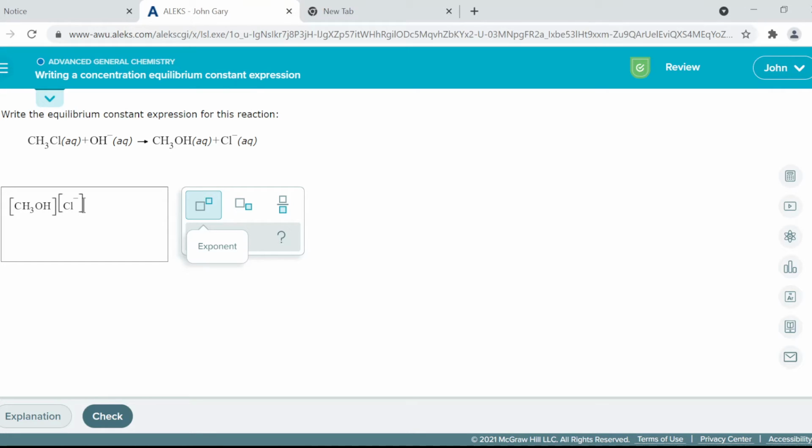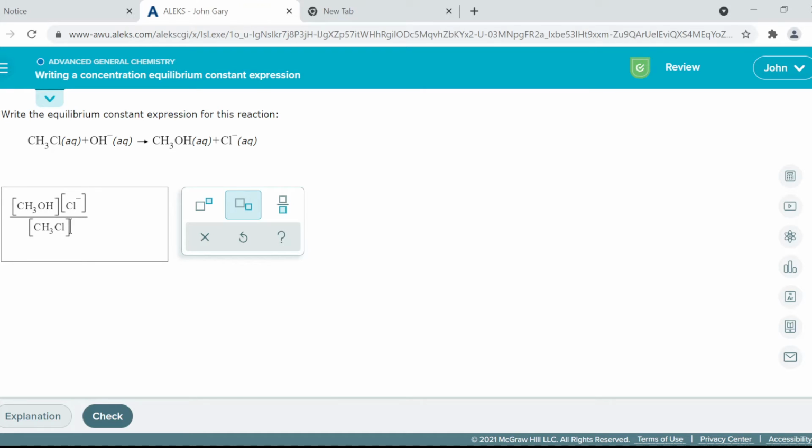Close that in, and then let me do this. Yep, that looks good. Now I need to add my reactants on the bottom, so it'd be CH3Cl, I have to put those in brackets, and then OH.